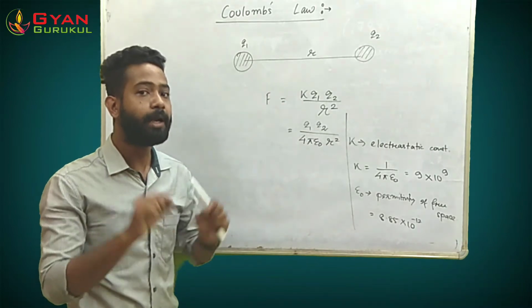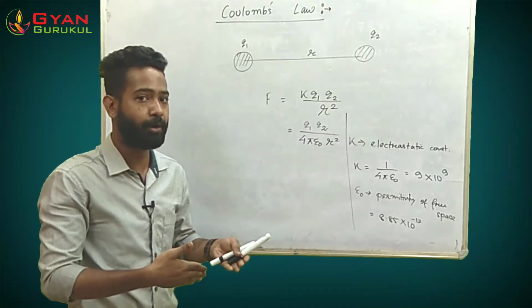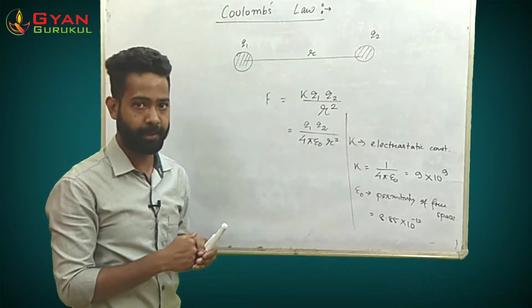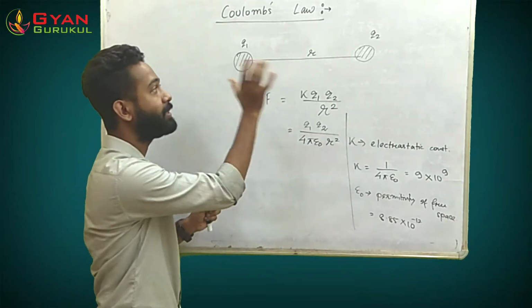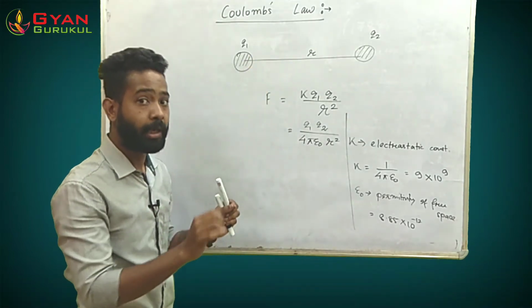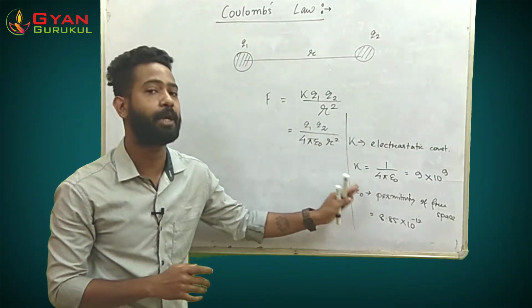Obviously not, right? There would be some changes based on the medium, because water is a different kind of medium than air. So based on the medium, there will be some differences in the magnitude of the force. That medium dependency is represented by epsilon naught.